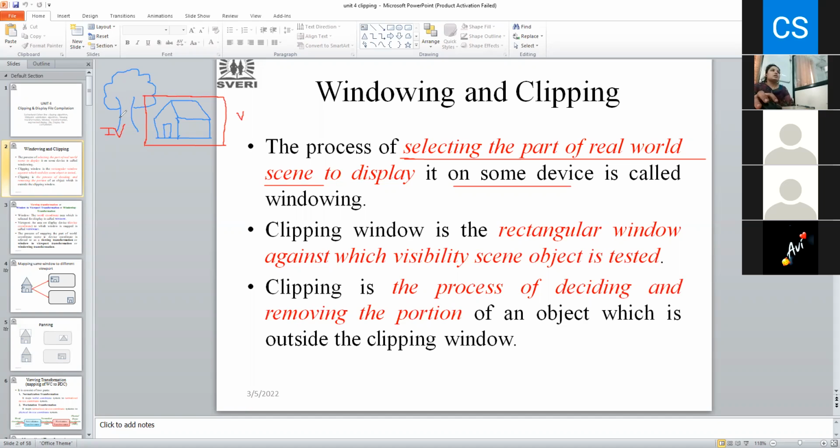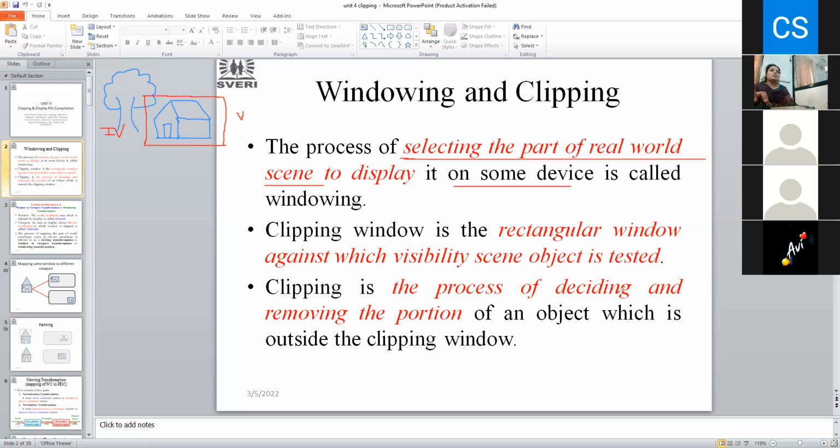So the trunk of the tree and this portion of the tree is invisible, and the house and some portion of the tree is visible. So a clipping window is a rectangular structure which will decide which object is visible and which is not visible.